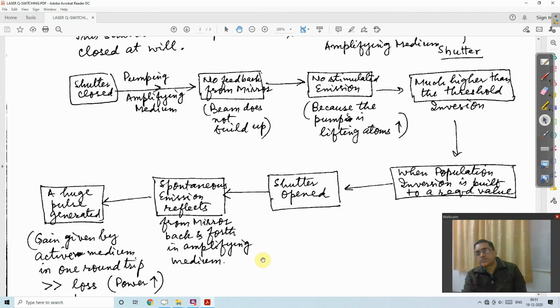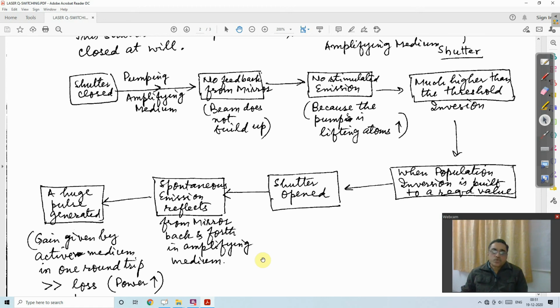Along with population inversion, spontaneous emission is very important, because if there is no spontaneous emission we cannot have a laser, since it regulates the speed and the lifetime of the population inversion species. So as we open the shutter, we get a huge pulse.